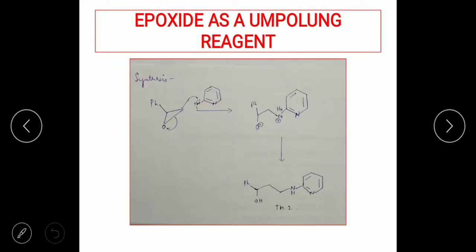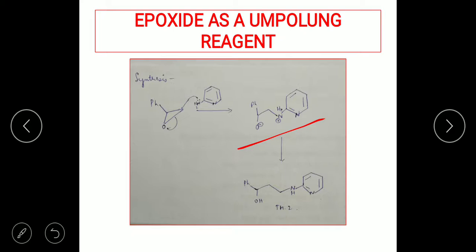Now let us write the synthesis. Here nitrogen, having a lone pair, is going to attack the electrophilic carbon, and then there is a ring opening. When the ring opening is done, we get an intermediate wherein the nitrogen now has 3 bonds, so it possesses a positive charge, and O has a negative charge.